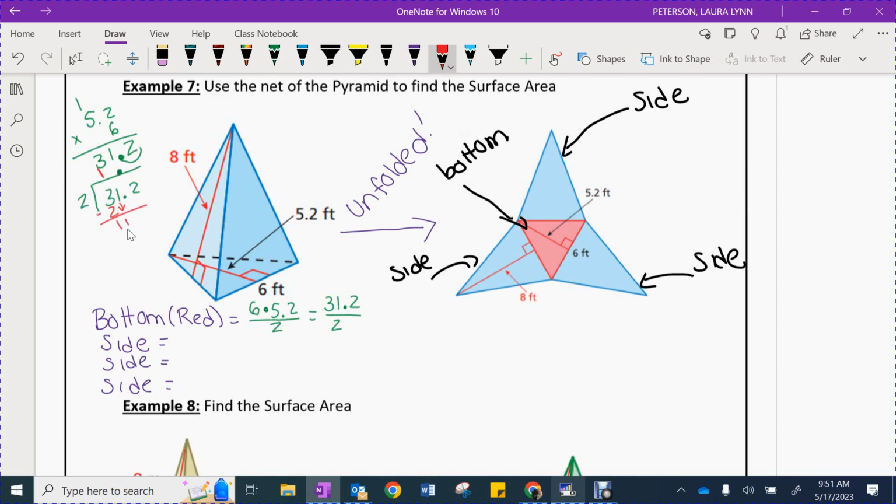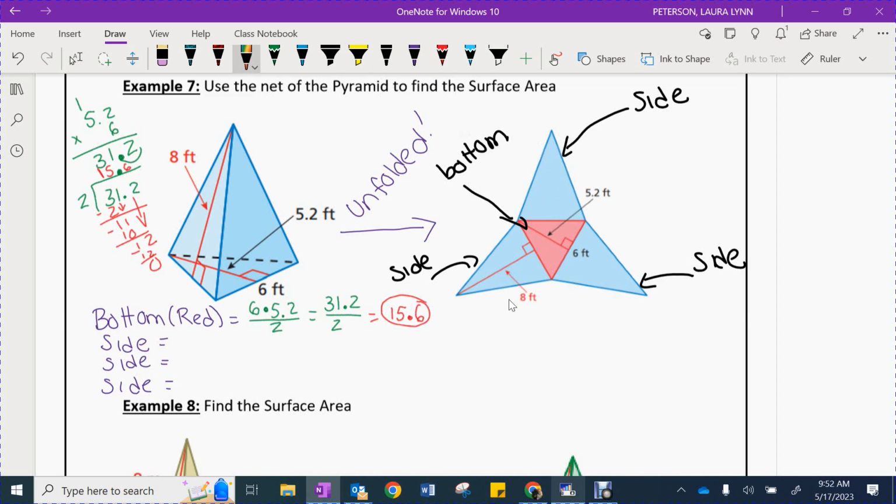Bring down your 1. 2 can go into 11 5 times, which is 10. When I subtract, I have 1 left over. Bring down my 2. 2 goes into 12 6 times. So 31.2 divided by 2 is actually 15.6. That's the area of the bottom, or the red triangle.